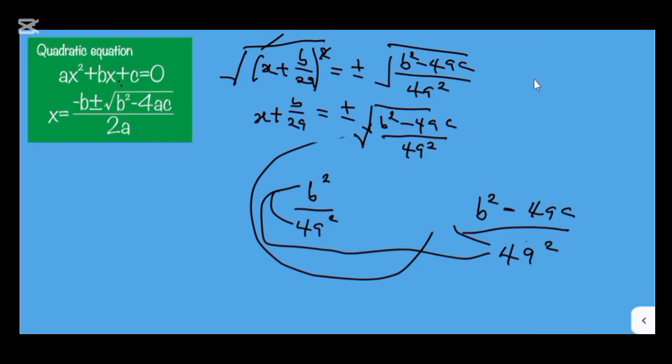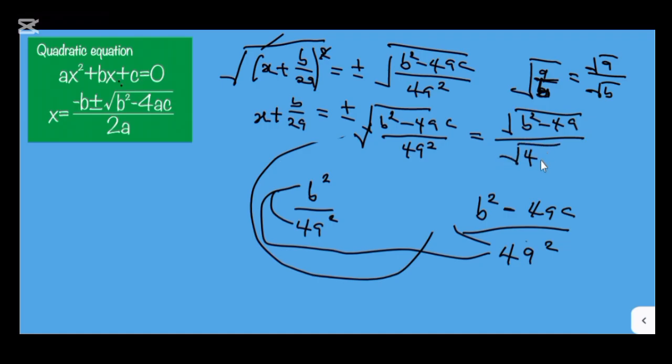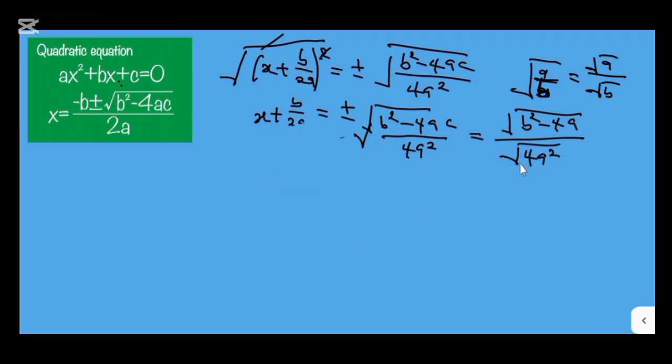Proceeding from here, you know by a law of indices that the square root of a over b is the same thing as the square root of a all over the square root of b. So looking at this, it can also be written as the square root of b square minus 4ac all over the square root of 4a square.